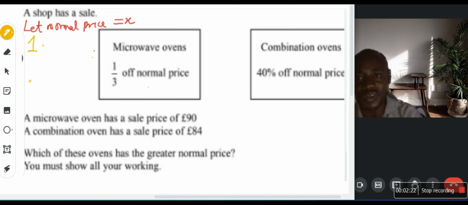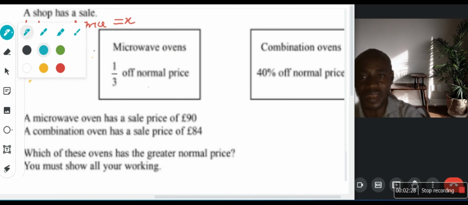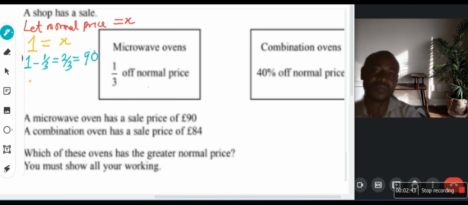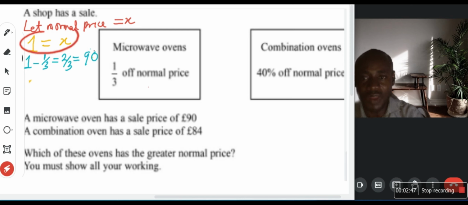So a whole 1 is equal to X, which is the normal price. And then 1/3 is taken out. If you remove 1/3, that means 1 minus 1/3, and what will be left will be 2/3. And that 2/3 is now what is given, 90. So 1 is X, 2/3 is 90.